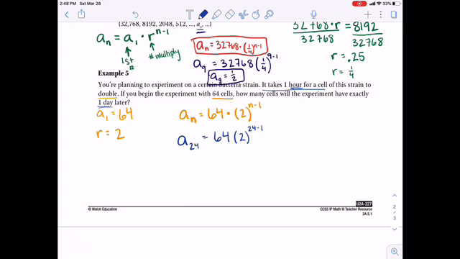If I type this into my calculator, it tells me that it equals this somewhat large number, 536,870,912. So that's how many cells I'm going to have at the end of this 24-hour period.